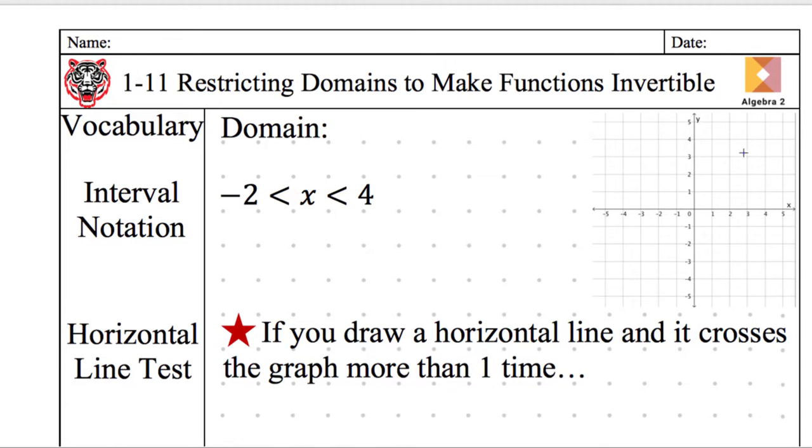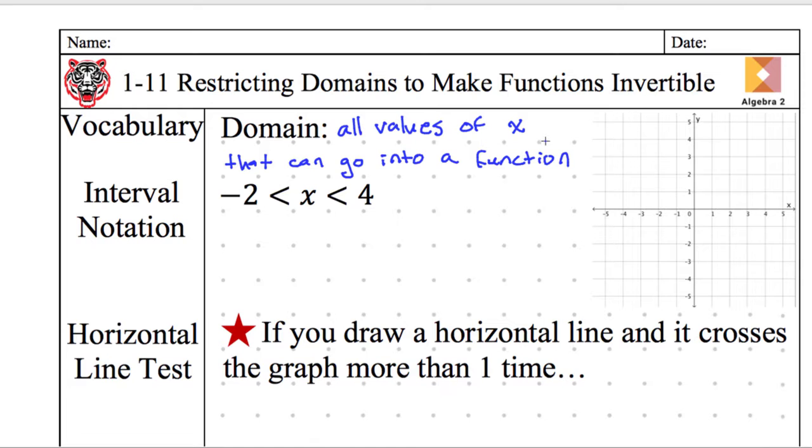So a domain is all values of x that can go into a function. Keyword here being x.